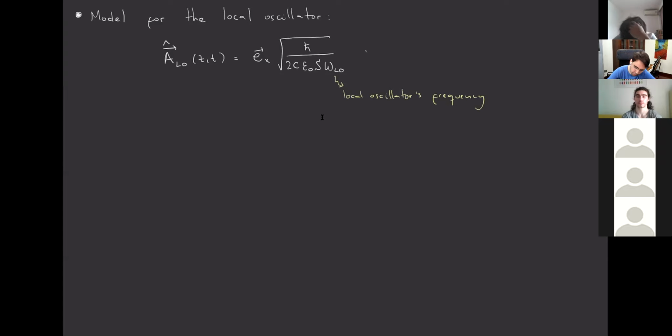And then some output operator, and we will call A LO this output operator, evaluated at some retarded time. So again, retardation will not play any role, but I just write it exactly how we have written it for the previous examples. So this is the output field coming out of the coherent source.